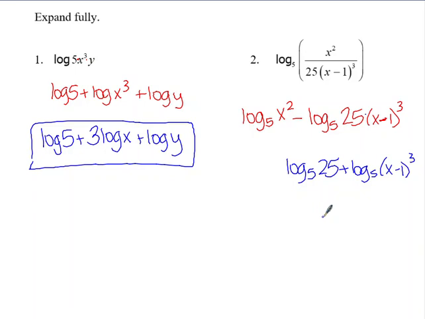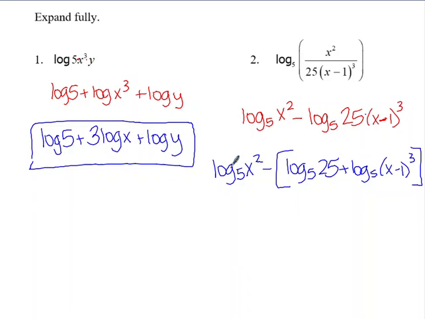Now here's where you have to be careful. We have a negative here. So for now, I'm going to put all of this in brackets, so we know that we will ultimately have to distribute that negative sign.